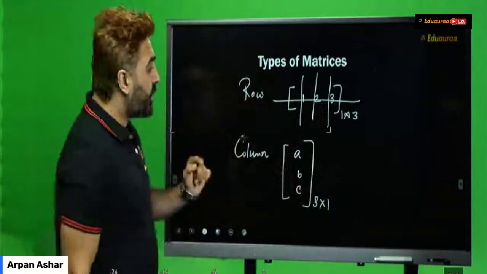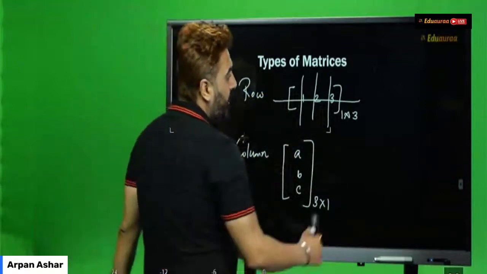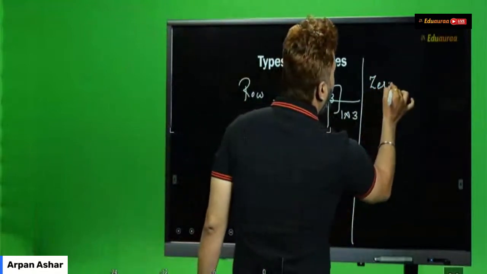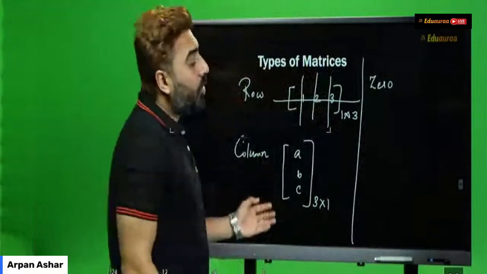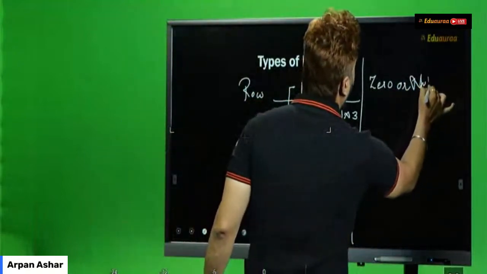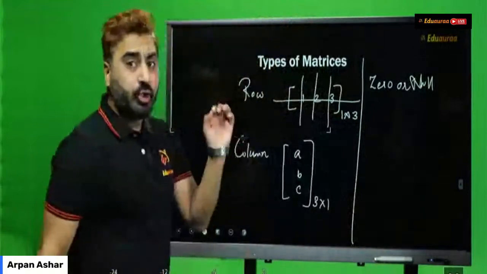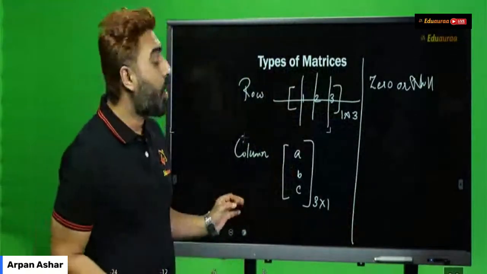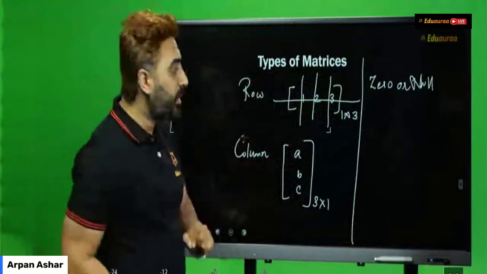After row and column matrices, there is one more matrix, that is the zero matrix. So what is a zero matrix? Or we can say null matrix. A zero matrix or a null matrix is a matrix where all elements are zero.